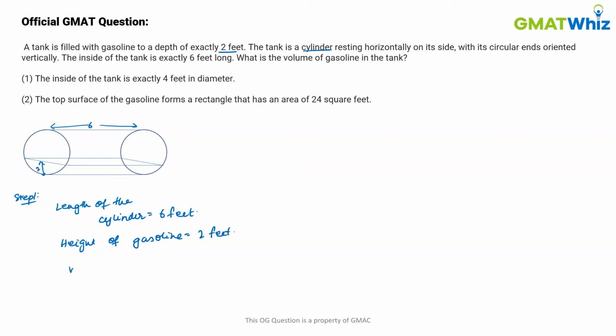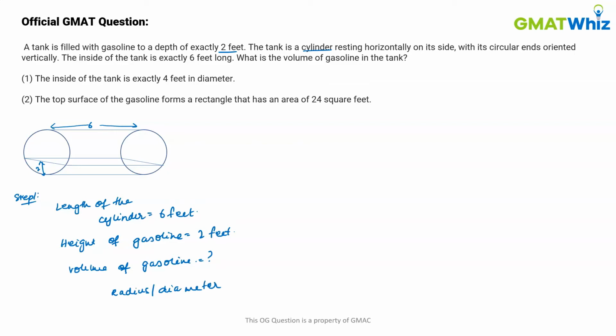Now we have to find the volume of gasoline, and like we discussed, we need to know the radius or the diameter of the cylinder to be able to find the volume of the gasoline.